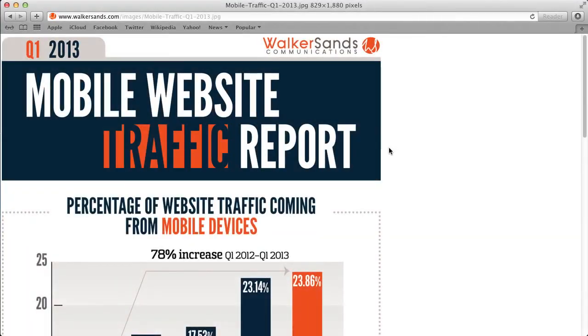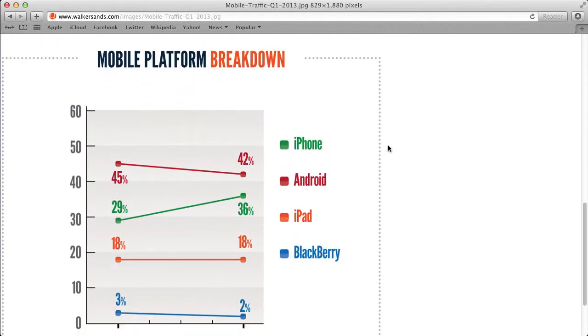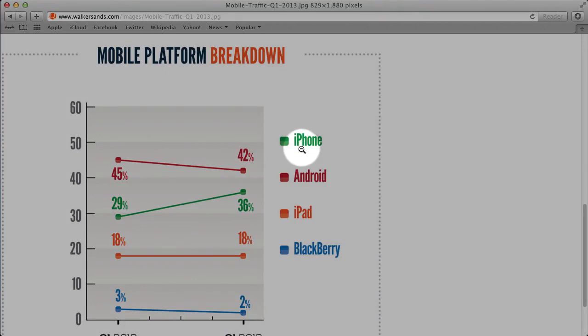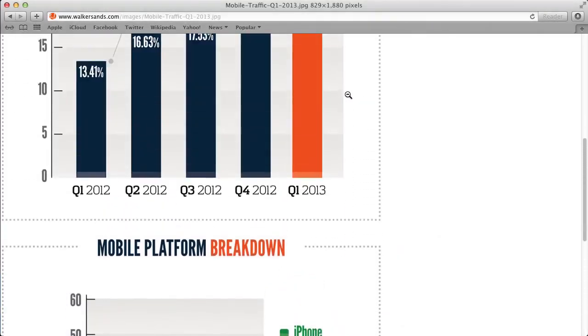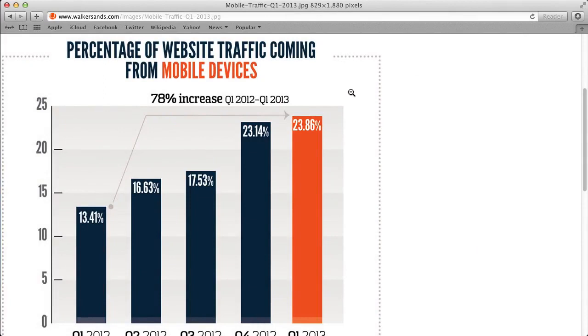Industry data tells us that the vast majority of mobile users are using one of the two major operating systems, Apple's iOS or Google's Android. However, the number of devices running on these two operating systems grows every year, meaning if you're a designer or developer, there are a number of different screen sizes and resolutions to worry about.